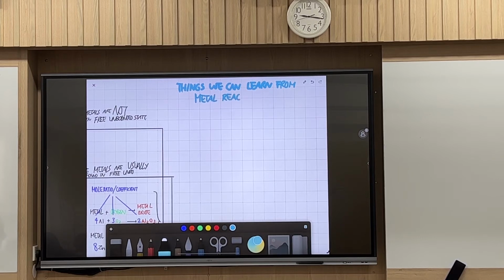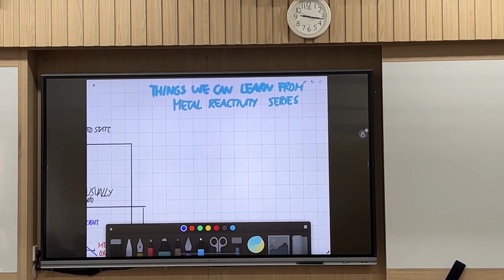Number one, what different metals react with. So put that number one. Like what different metals can or cannot react with.